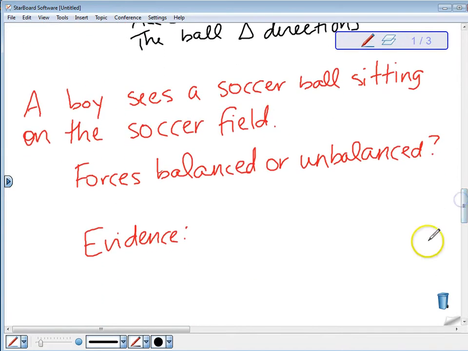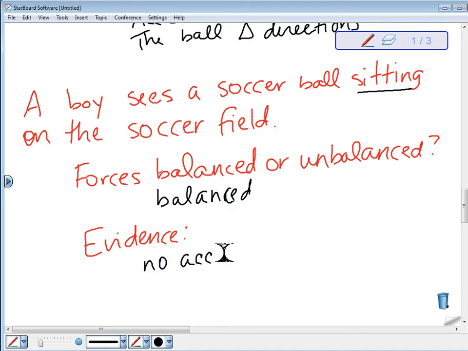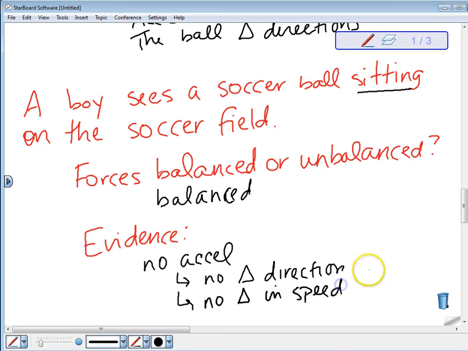Let's look at this. A boy sees a soccer ball sitting on the soccer field. Are the forces balanced or unbalanced? Well, it's just sitting, so I'm going to assume that it's balanced because there's no evidence that there's any acceleration. There's no change in direction, it's just sitting still. There's no change in velocity or speed, because it's still just sitting still, it's at rest.